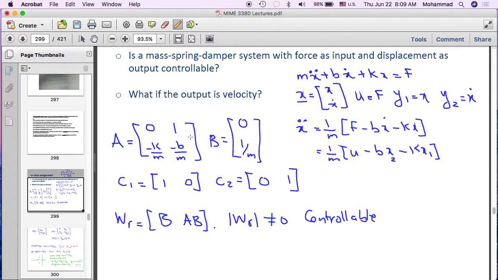What we have so far is A, B, and C of the open loop, and we also know where we want the eigenvalues to be located for closed loop. And we also determined that this system is controllable. So it's possible to relocate the open loop eigenvalues to anywhere else on the complex plane.